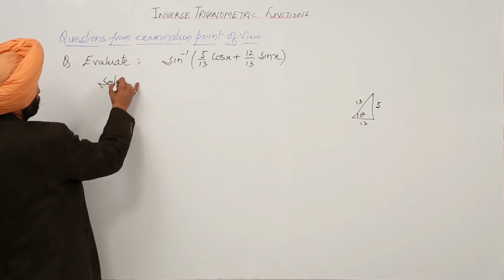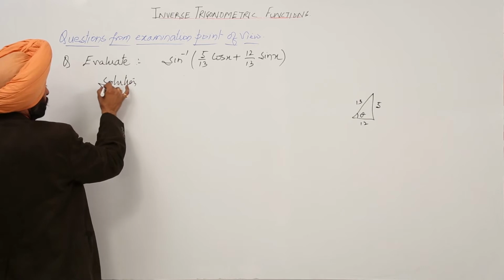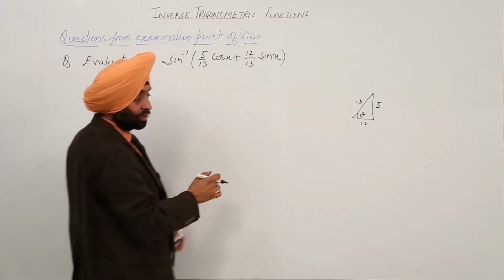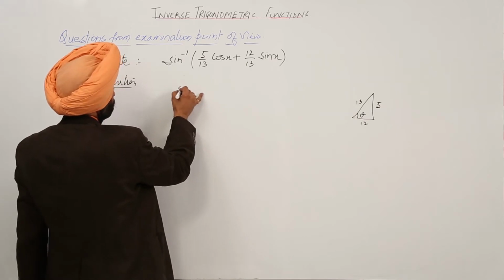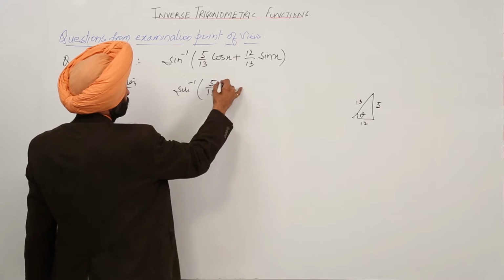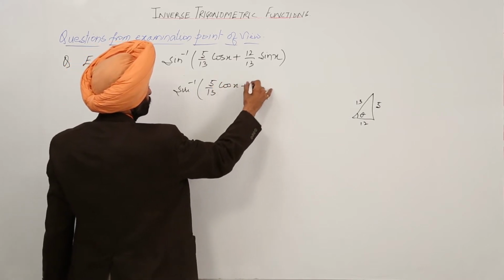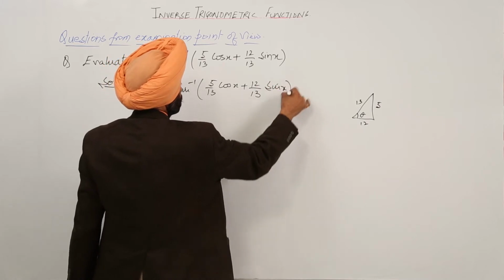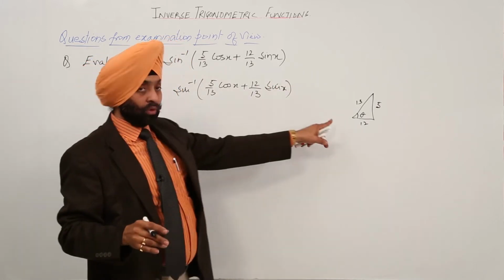So we will be writing sine inverse. First of all, let me solve this part. Sine inverse of 5 by 13 cos x plus 12 by 13 sin x. I am just writing the question again. Now, not going for the triangle part.